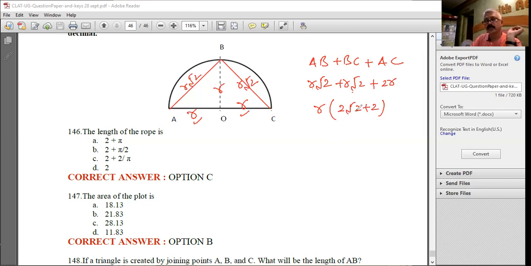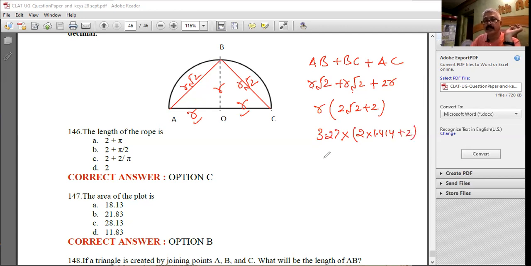2 root 2 R plus 2R, I took R common. R's value you already knew, what was it? 3.27. And here 2 into 1.414 plus 2.